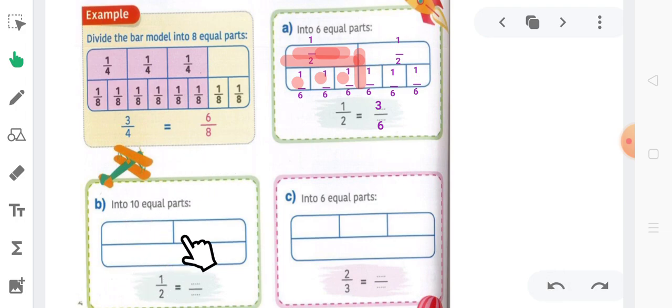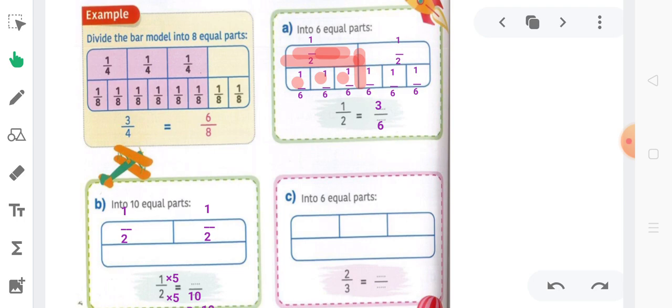I will divide it into 10 equal parts. So I put in the bottom 10. This is half and half. Put 10. What do we do? 2 becomes 10. We should multiply up and down by 5. So 1 by 5 equals 5.